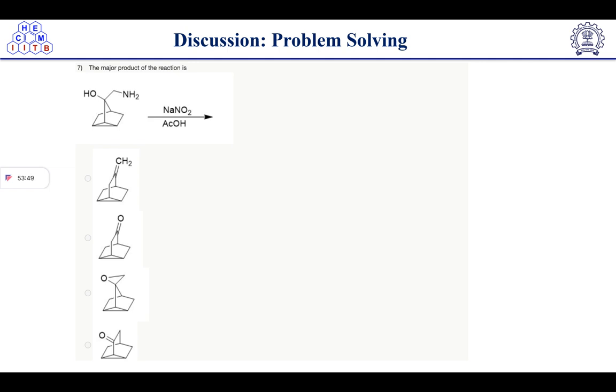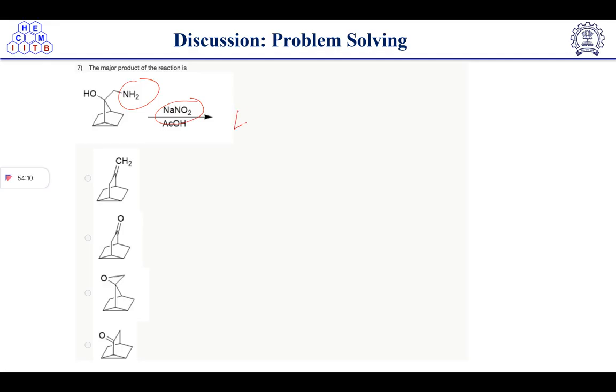The major product of the reaction is, here also you can see the basic things on the arrow and you know how the reaction will proceed. So here we have aniline group and so we have to form the diazo.